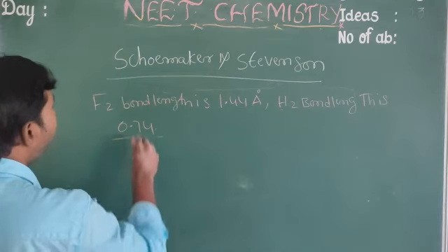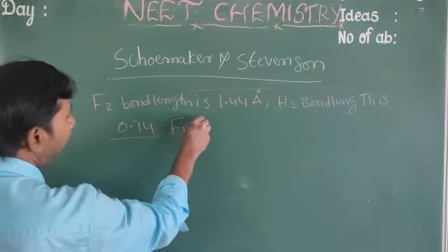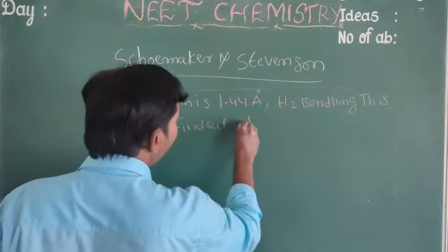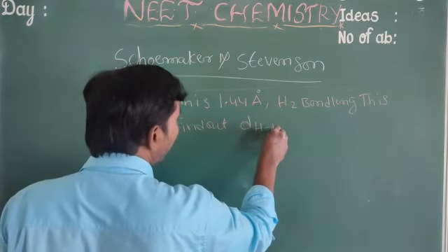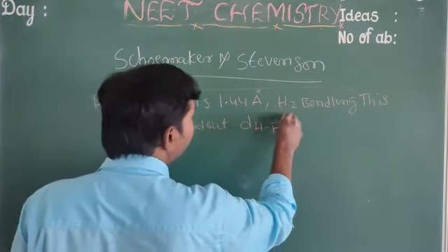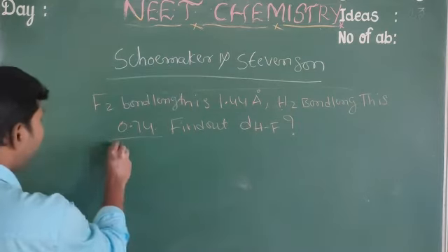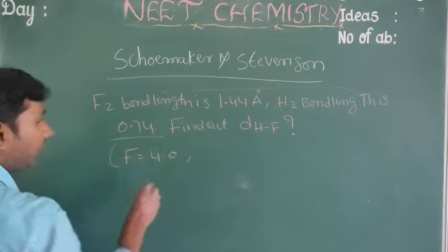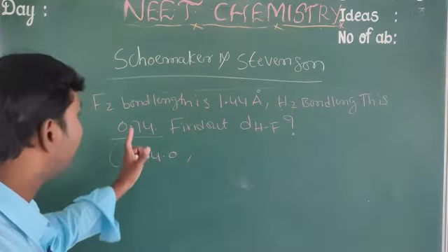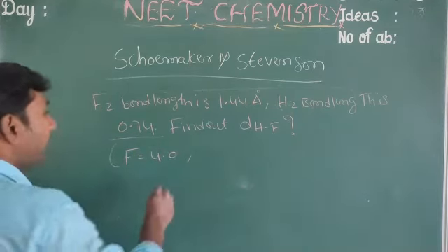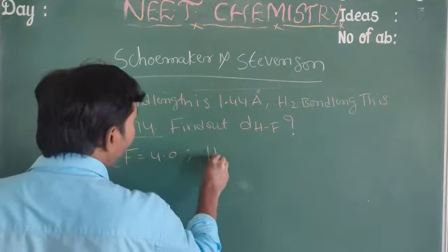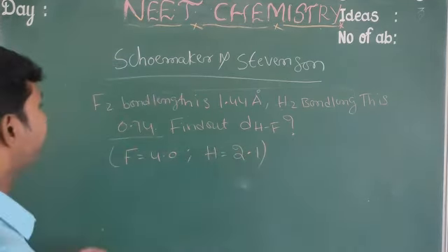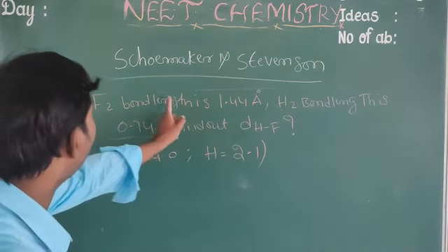Okay, find out the distance of HF. Here fluorine electronegativity 4.0 we already know. In the exam they didn't give us; minimum values we should know. Sometimes given, sometimes not given. Hydrogen electronegativity 2.1. Then here bond length means distance.